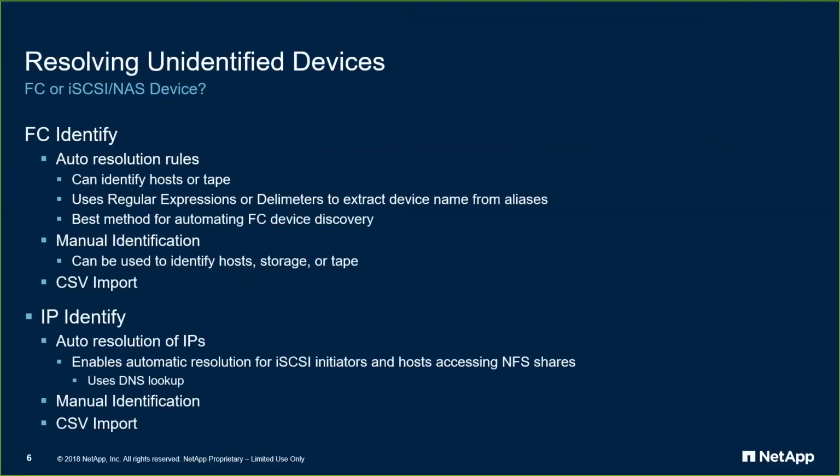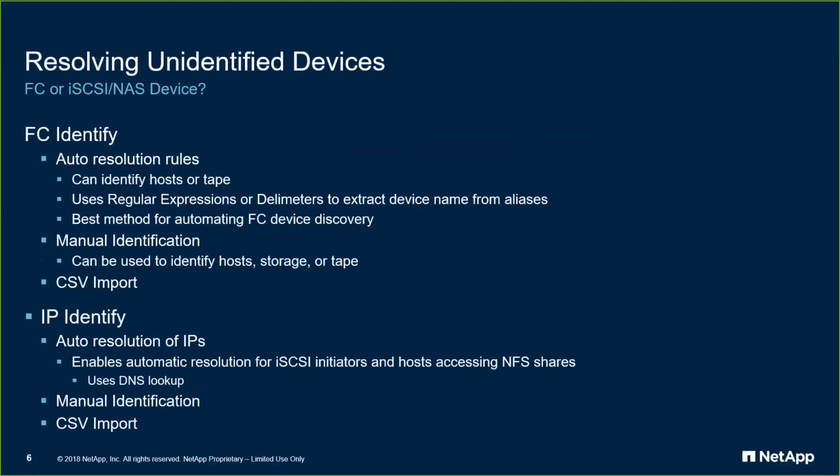These use regular expressions or delimiters to extract the device name from an alias. So this is what we'll be talking about today. This is hands down the best method for automating your fiber channel device discovery. You can also do manual identification or CSV imports, which is like mass manual identification.